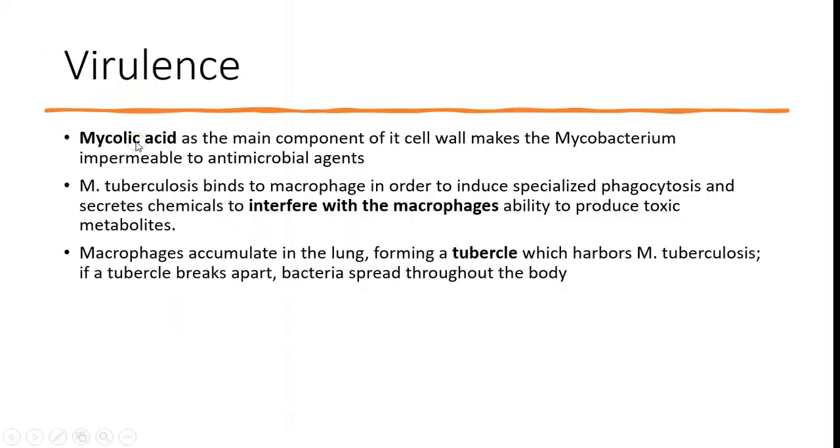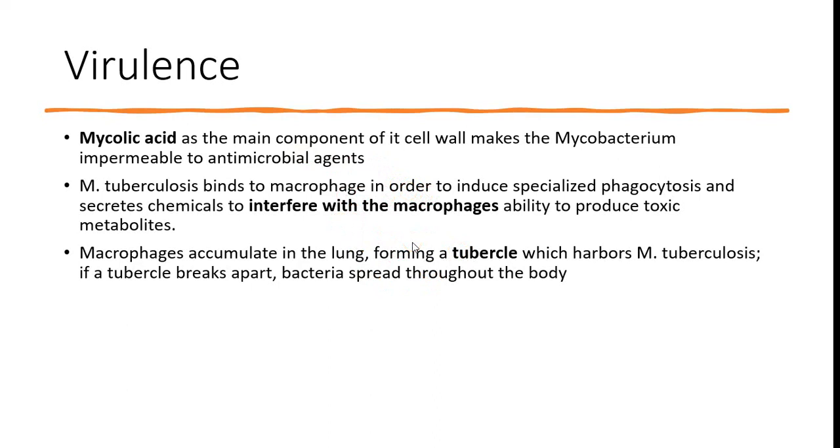So when you talk about Mycobacterium tuberculosis, again, that mycolic acid is one of those main virulence factors. Because of that waxy layer in its cell wall, it's going to make it impermeable again to those antimicrobial agents that the host is producing, but it's also going to make it a slow grower. Now, another piece of the puzzle for Mycobacterium tuberculosis is that it's going to interfere with normal macrophage abilities.